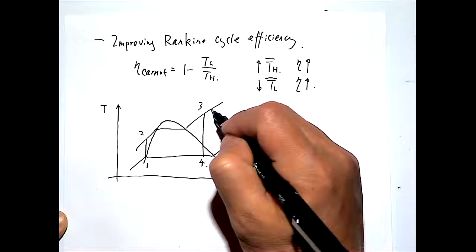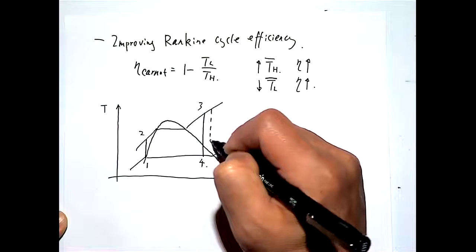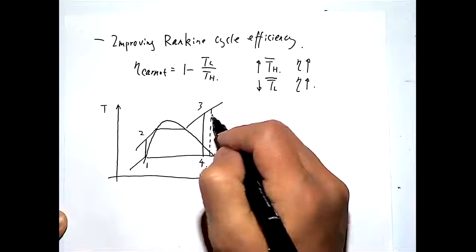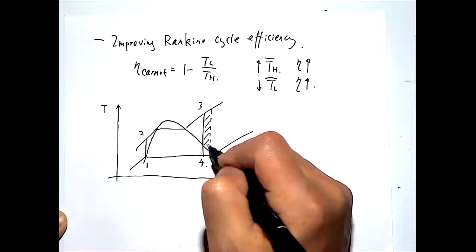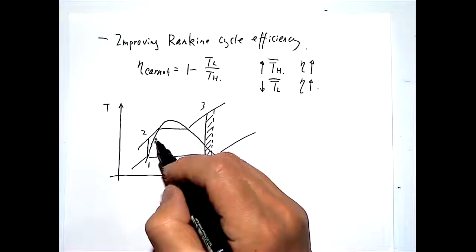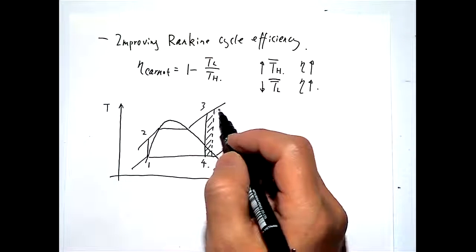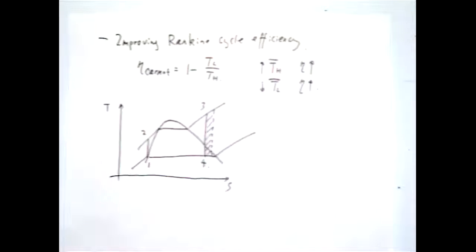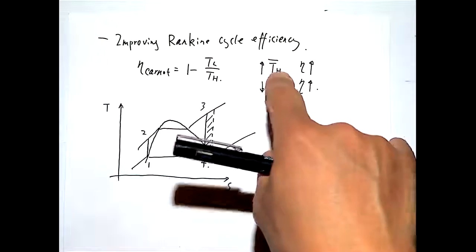So that's something we can do. For example, if we move this vertical line to the right, we get additional area, which corresponds to purely work. By doing that, the average temperature from 2 to 3 will be higher, so that we can have a higher efficiency based on the first principle.